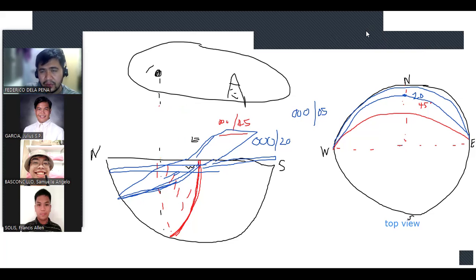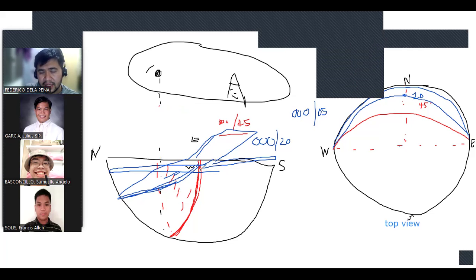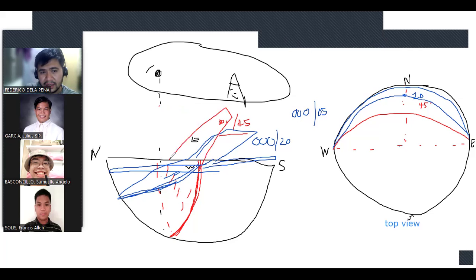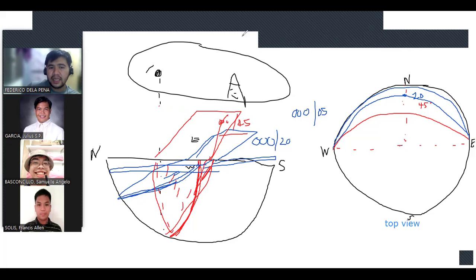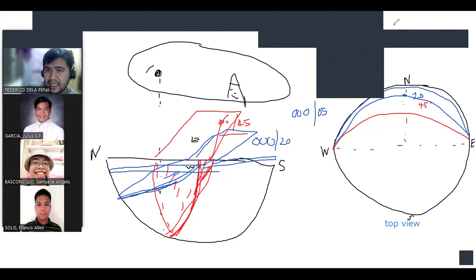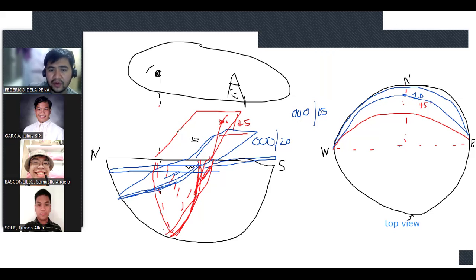Let me try to rectify this drawing. This actually should look something like this. Now let's imagine how this would look if we plot it as a pole.